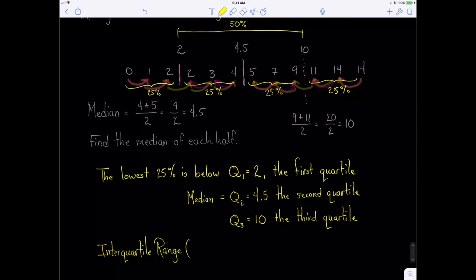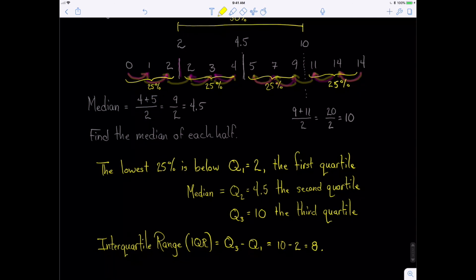And you'll often see it abbreviated as IQR, and it is calculated as Q3 minus Q1. So in this case, it's going to be 10 minus the 2, or 8.